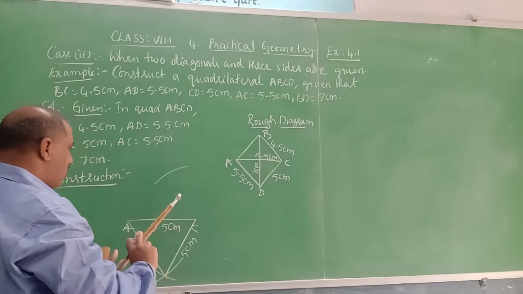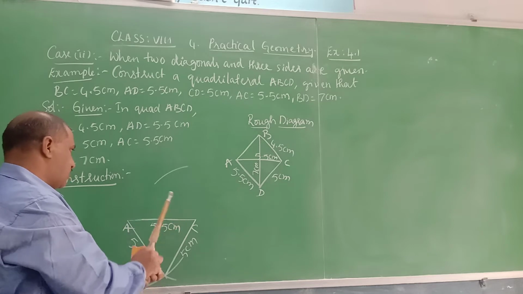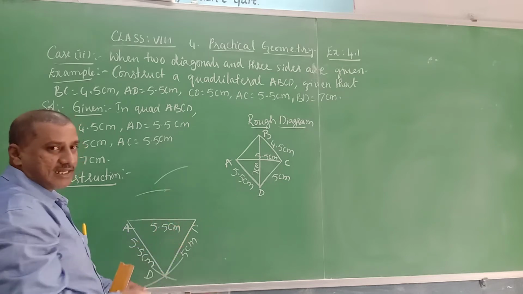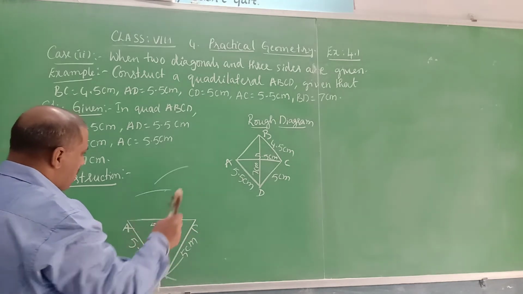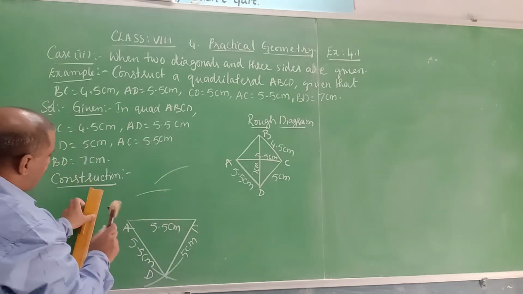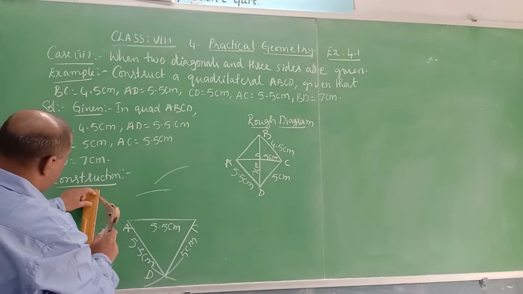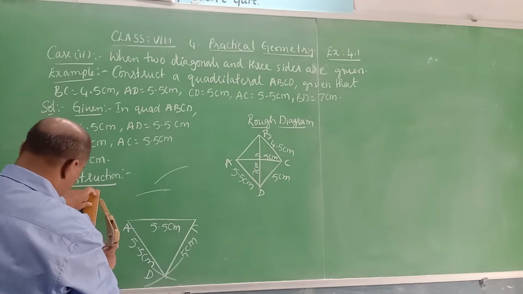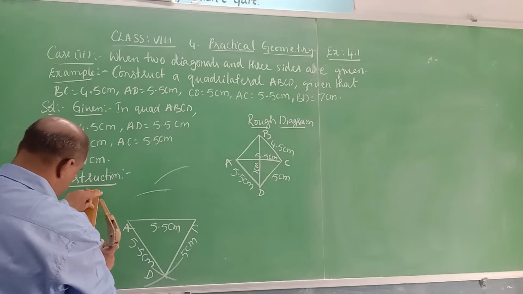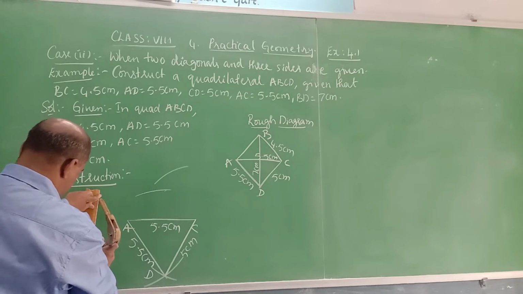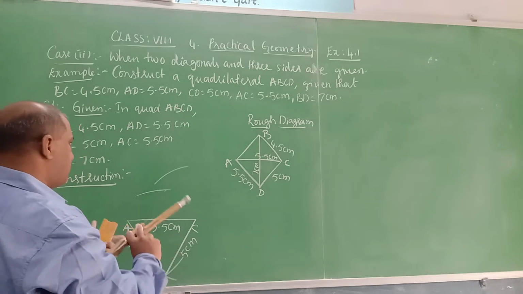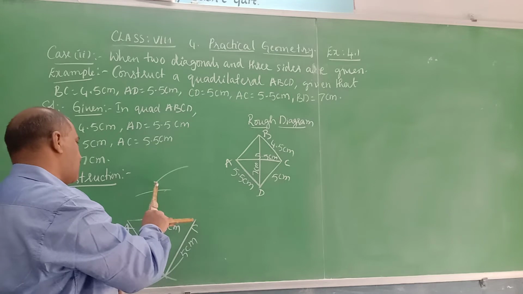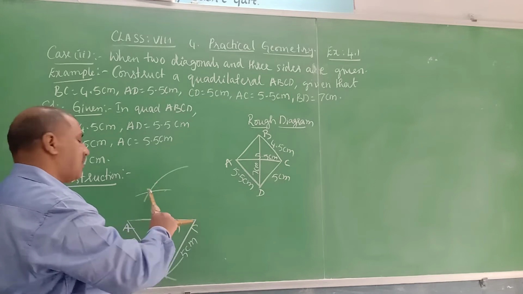The previous arc is not intersected, so you try to extend the previous arc of 4.5 centimeters radius till it intersects. Now it is intersected.